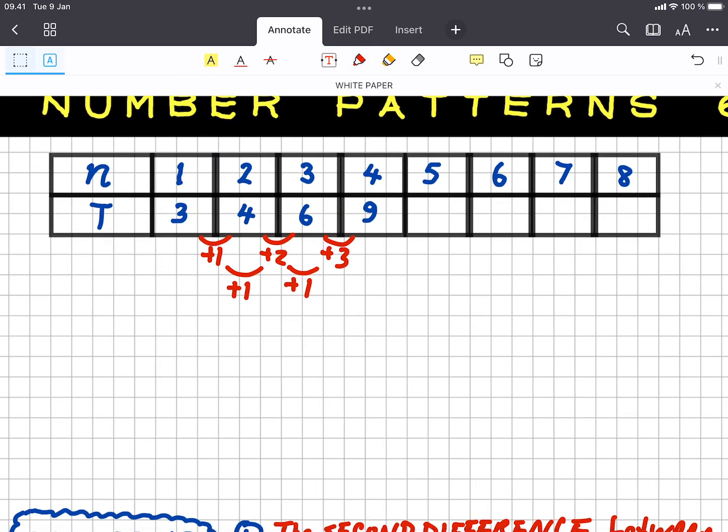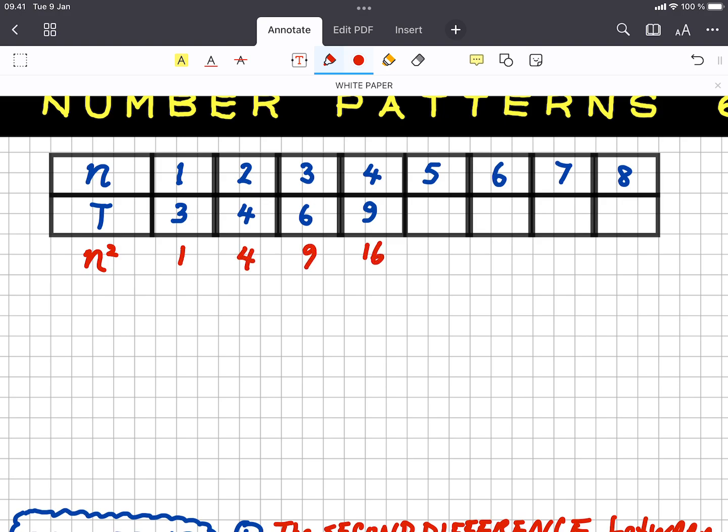So the fact of the second differences being constant is the thing that tells you it's going to be a quadratic rule. So something with n squared. Now, if the rule was just n squared, then we'd be getting 1 squared is 1, 2 squared is 4, 3 squared is 9, 4 squared is 16, 5 squared is 25, and so on.